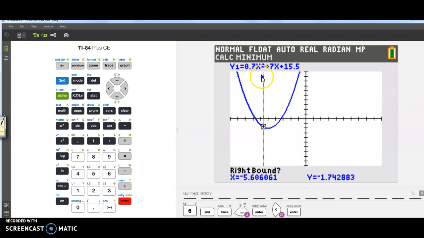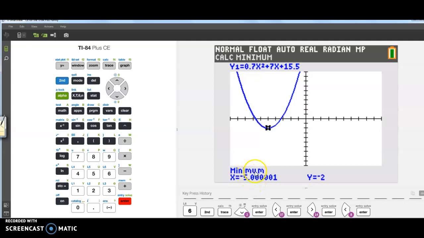My handheld just puts this little arrow, and that is the left bound. It's now asking me for the right boundary, so I move to the right of the minimum. And again, I hit enter. Went a little further than I would have needed there, but I just have to be to the right. It asks me to guess, which is not essential, but I know that my minimum is down here somewhere, and I hit enter one more time, and it gives me a value.